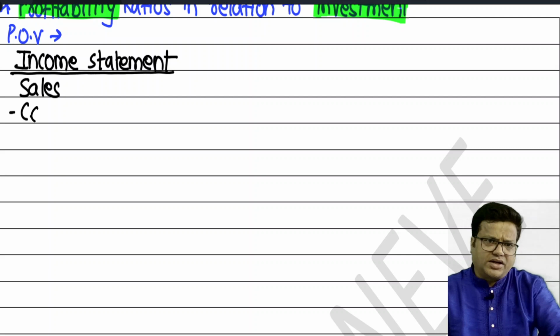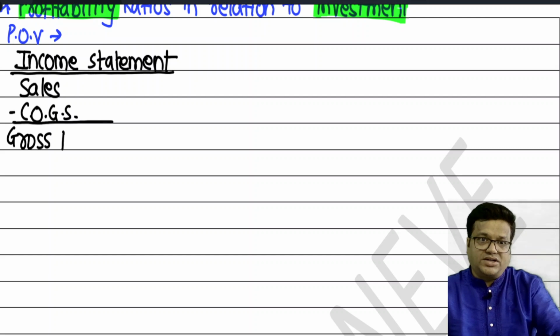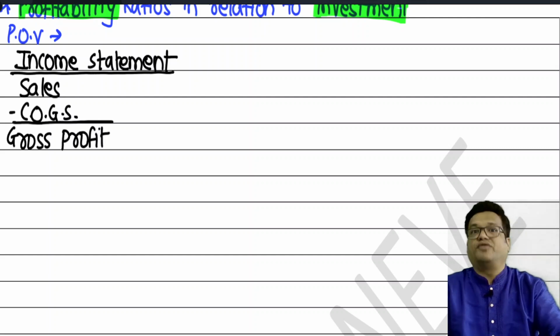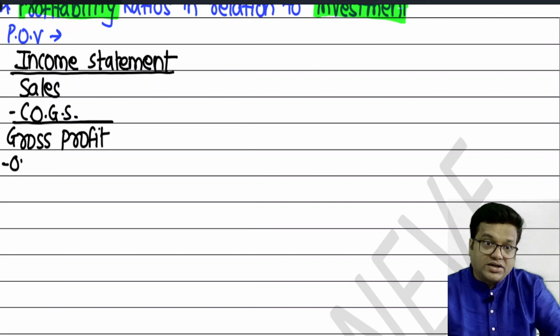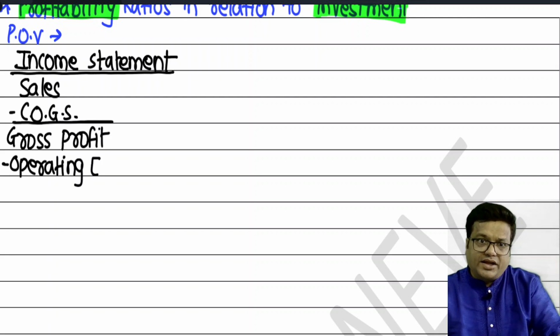So start with sales. Obviously, we deduct from that the cost of goods sold and we arrive at what? Yes, everybody knows that, sir. We arrive at gross profit. Perfect. Now, from gross profit, what you deduct is all operating expenses, correct?